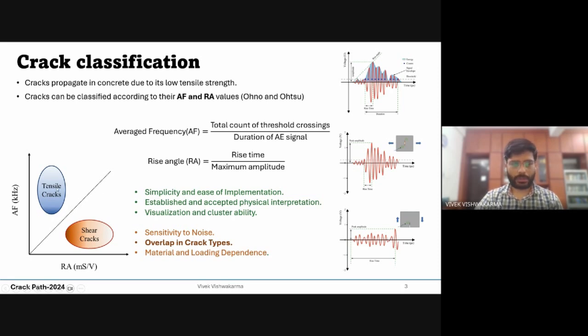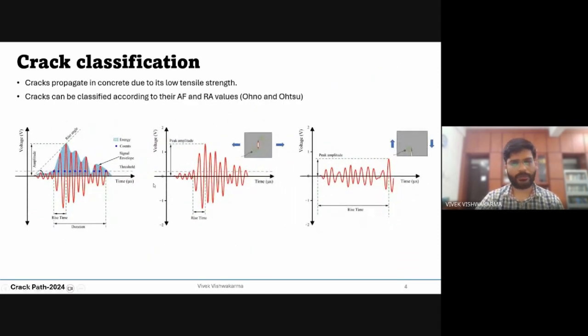They have done the study on this, and they have concluded that the tensile crack actually is associated with a P wave. There are many more parameters available for acoustic emission analysis. So for characterizing a tensile crack, generally a tensile crack generates a P wave type acoustic emission where you have high peak amplitude and low rise time, whereas other modes like shear cracks or friction happening in the structure are associated with high rise time and low peak amplitude.